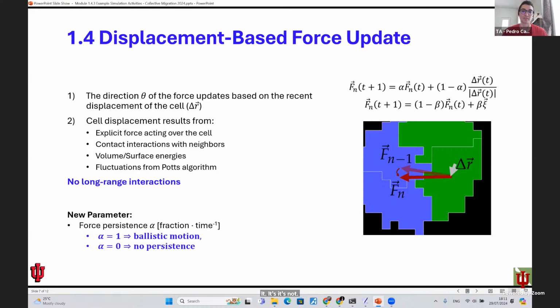It is more like the cell happened to have moved in a particular direction. This fact that it moved feeds into the next force vector. And why did this cell happen to move in that direction? Because of the difference between Fn minus 1 and Fn?